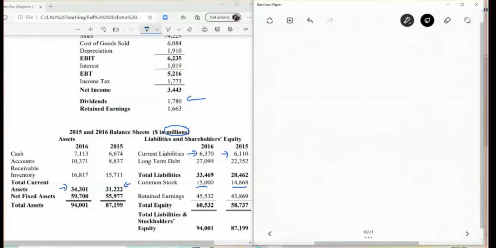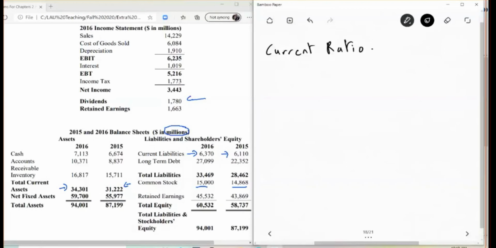Now, starting with the current ratio, the current ratio equals current assets divided by current liabilities. Here I'm going to compute all of the ratios for year 2016.